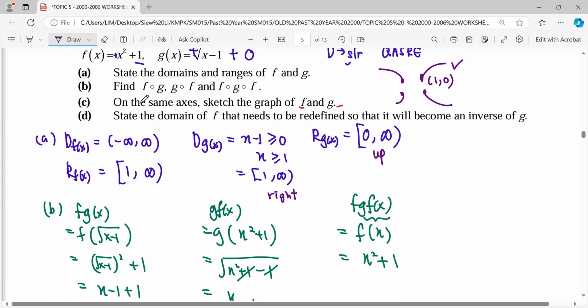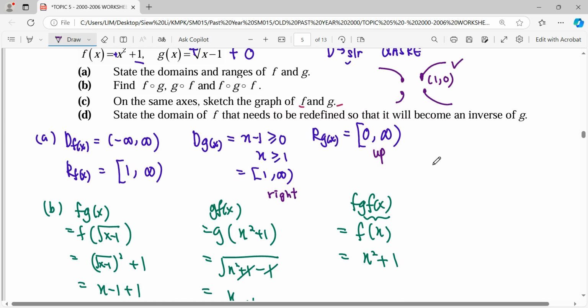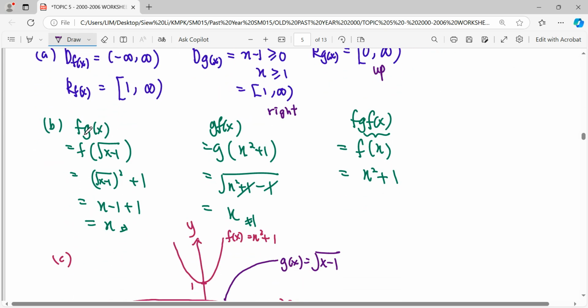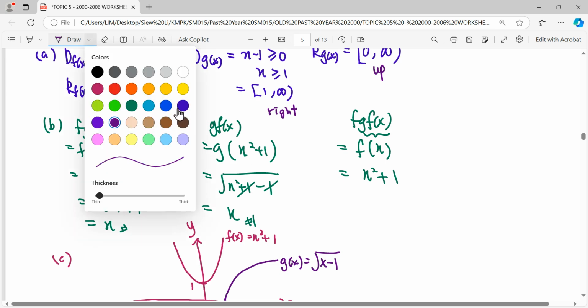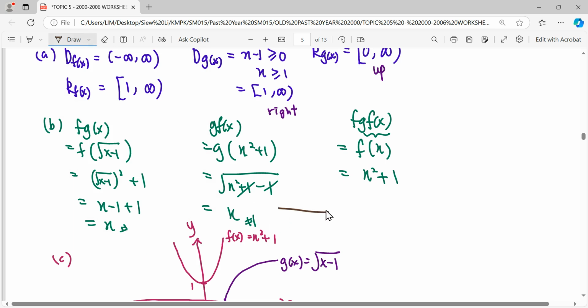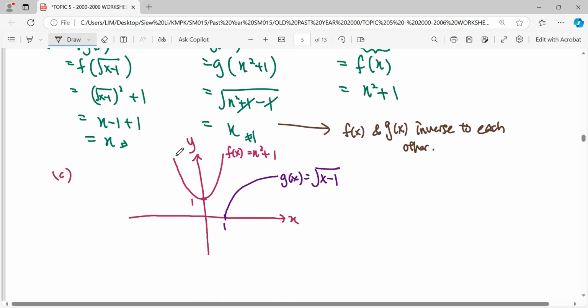And then state the domain of f that needs to be redefined so that it can be the inverse of g. As you can see, fg(x) and gf(x), when composed, we get x. So here we know that the relationship between f(x) and g(x) is that they are inverses of each other. But the problem is that the quadratic here is not a one-to-one function.